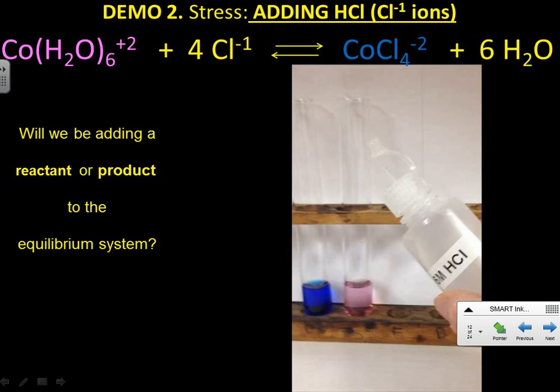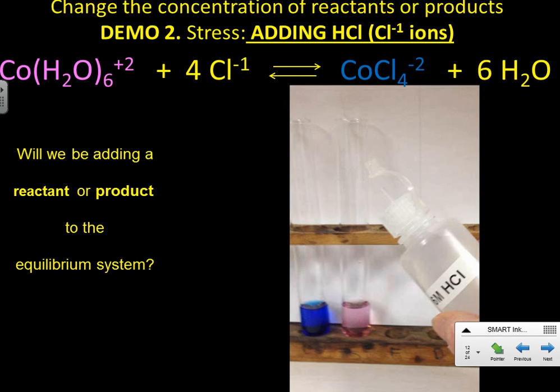All right, let's take a look at this next stress. We're going to change the concentration of reactants or products again. Specifically, the stress we're going to do is add hydrochloric acid, which dissociates. It breaks apart into hydrogen ions and chloride ions.